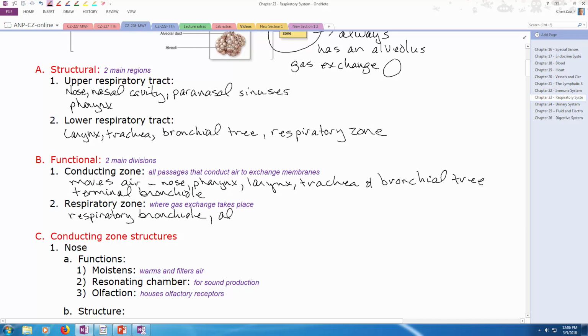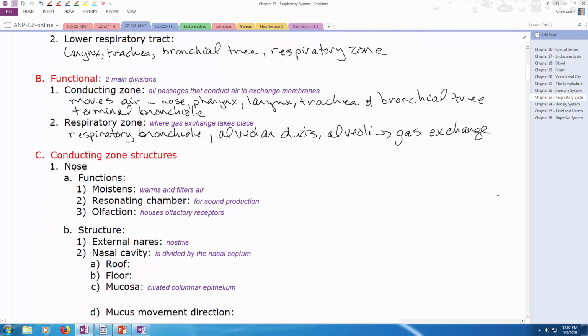And then alveolar ducts, and alveoli. Again, this is gas exchange. That is the hallmark of respiratory zone. Conducting zone, no gas exchange, just the actual movement of the gases through these structures that were listed.